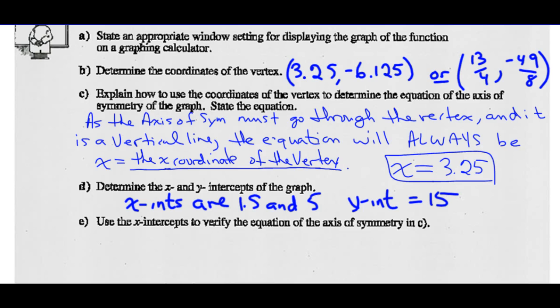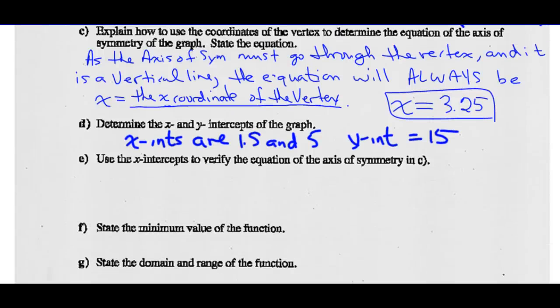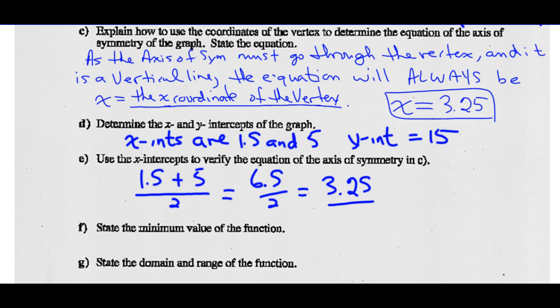Using the x-intercepts, verify the equation for the axis of symmetry. So we said on the last slide that it should be halfway between these two. So in other words, we're just finding the average. So 1.5 plus 5, divide that by 2. So that's 6.5, divide that by 2, and you get 3.25. That's the equation for the axis of symmetry.